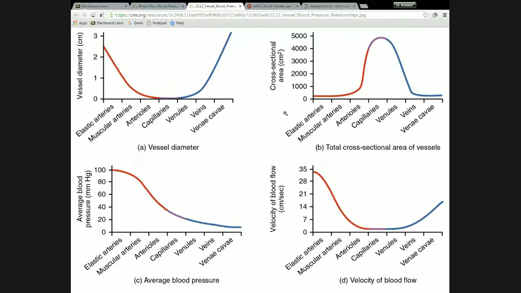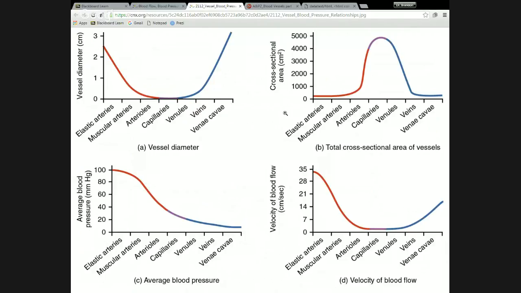And then as we come back the other side, as the capillaries feed into venules, which feed into veins, which eventually feed into the single vein that connects back to the heart, the cross-sectional area goes down because the number of vessels goes down, even though the diameter increases. It never stays up.